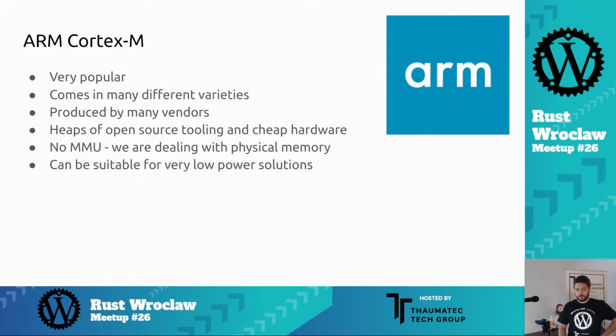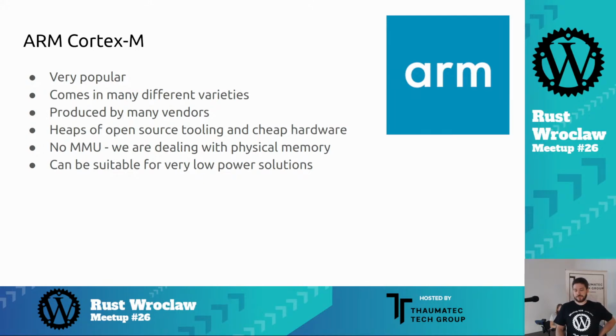Because of the popularity of ARM, there are lots of open source tooling and cheap hardware in the market. For example, you can buy very basic ARM-based development kits for, I don't know, like $5 even, or $10. And you know, the bigger the board, the more feature rich it will get. Let's say more expensive, but the starting point is very cheap.